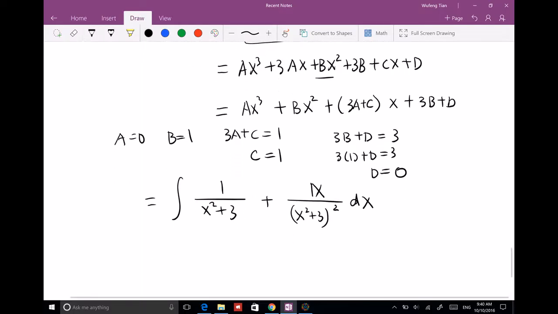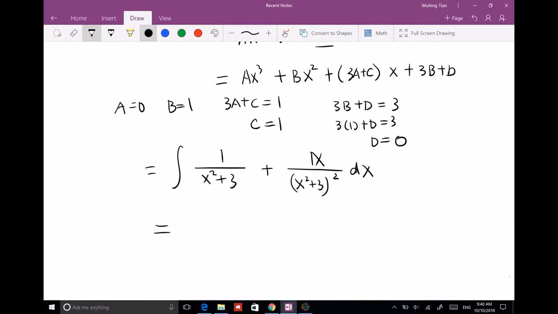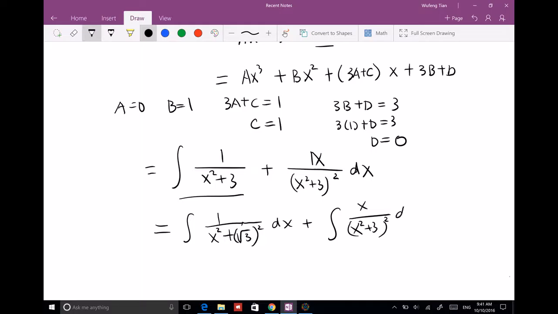So this one, I just do 1 over x squared plus square root of 3 square dx plus another one, x over x squared plus 3 square dx.